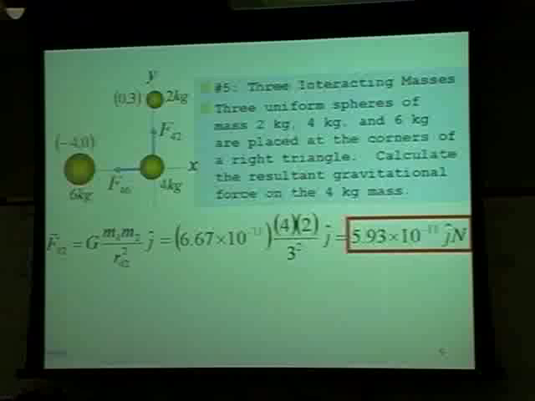Even though it's an attractive force, I could say that force is in the positive J direction, so I didn't put the negative sign in there. I just calculated the magnitude, looked at the situation, and figured out the direction of that force.